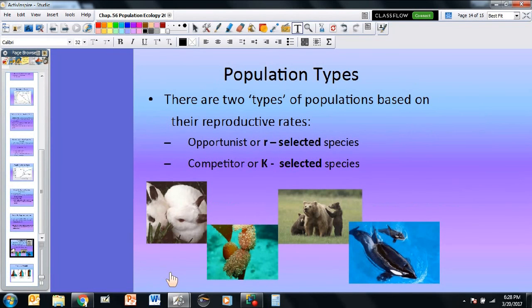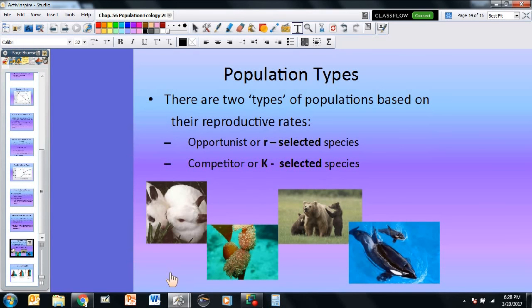Biologists have organized living organisms into two types of populations based on their reproductive rates. They have what are called opportunist or R-selected species, or competitor or K-selected species. R-selected species are for rate of growth, usually are based on biotic potential.